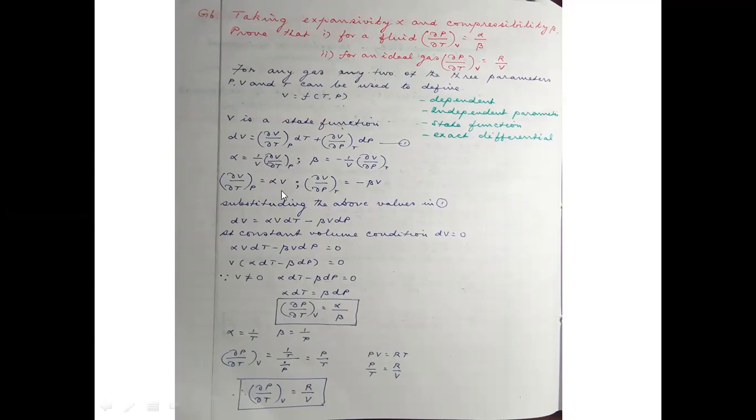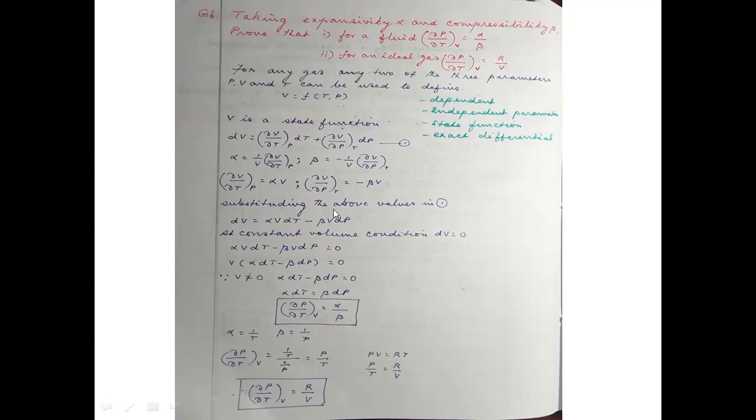Here it is an isobaric process: temperature is changed and the volume is changed by maintaining the pressure constant. Here the pressure is changed, hence the volume changes by maintaining the temperature constant, which is compressibility, and this is expansivity. Therefore, ∂V/∂T at a constant P can be written as alpha into V. Similarly, ∂V/∂P at a constant temperature can be written as minus beta into volume.